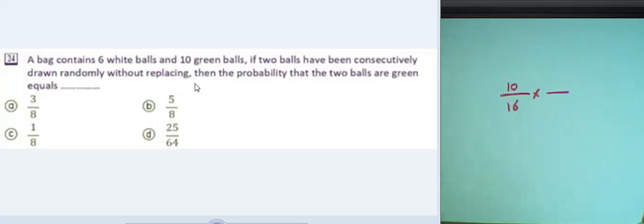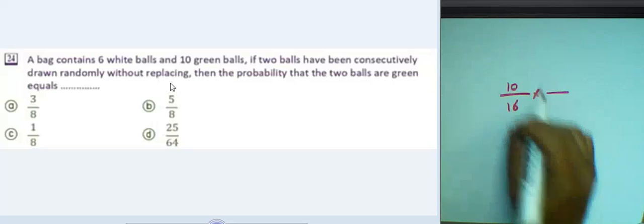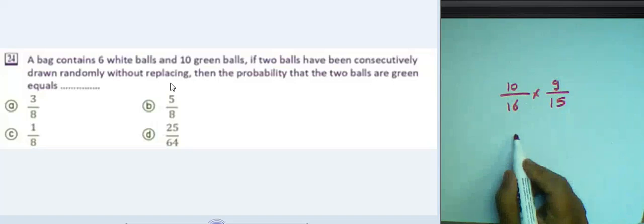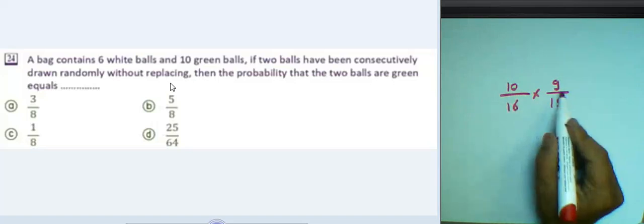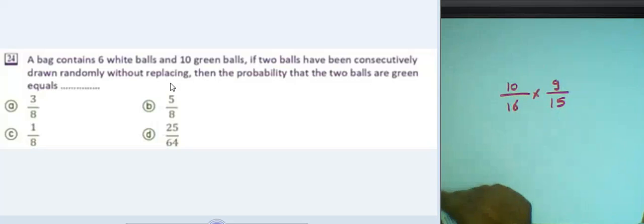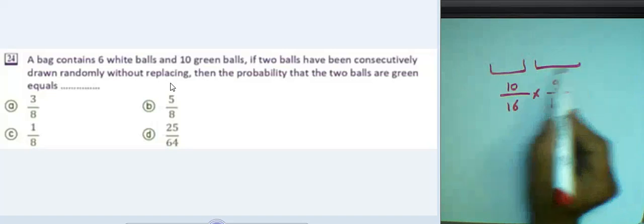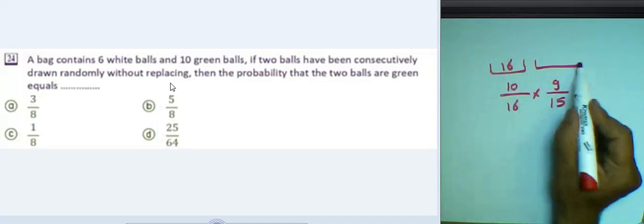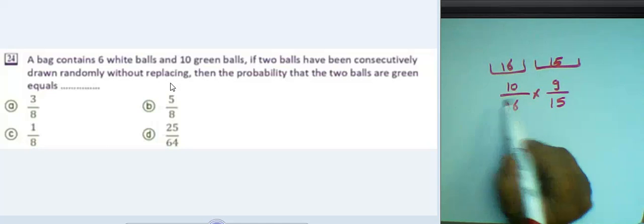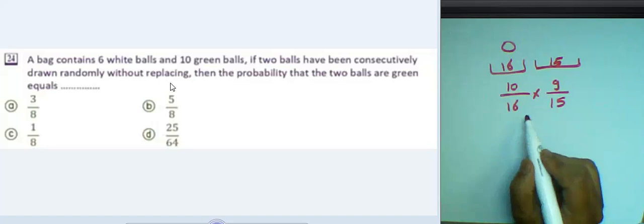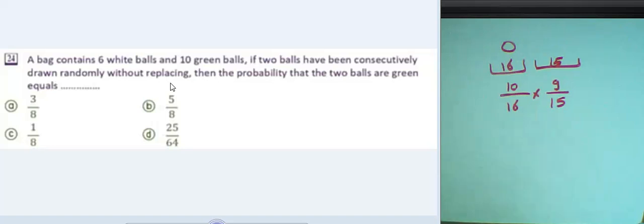He tells us without replacing. Without replacing, we subtract 1 from 10, it will be 9, and subtract 1 from 16, it will be 15. So 10 over 16 multiplied by 9 over 15. In the first draw we have 16 balls, and in the second draw we have 15 balls. The first we get 1 green ball from 10, then it will be 9, and that means multiplication. 10 times 9 over 16 times 15.